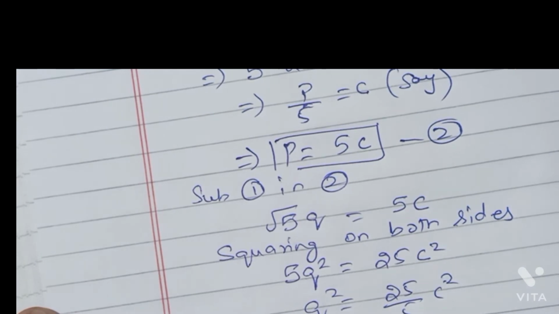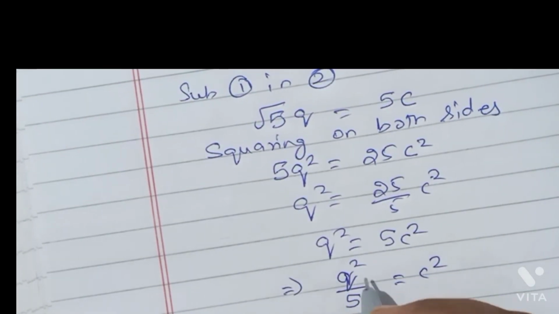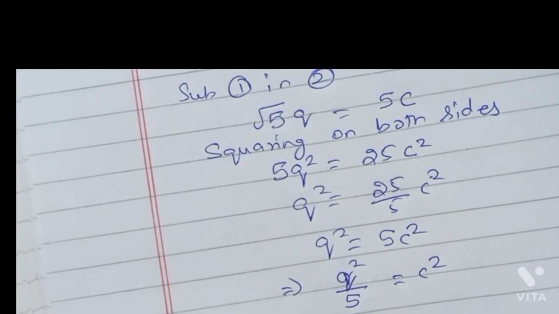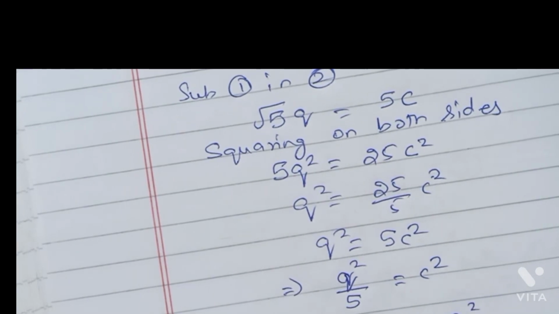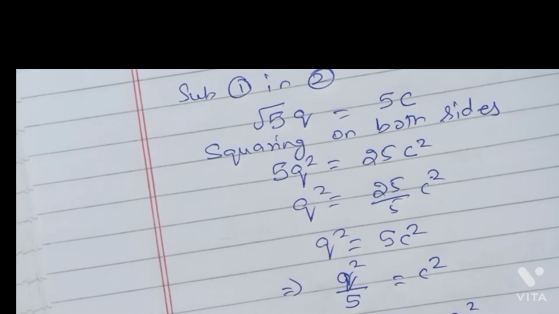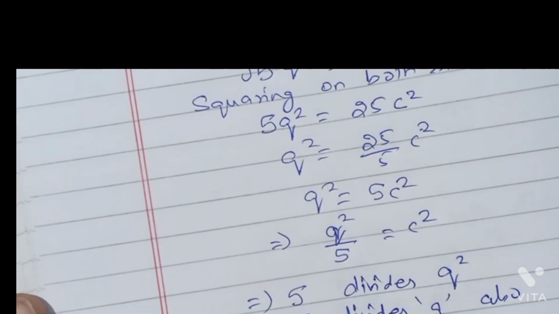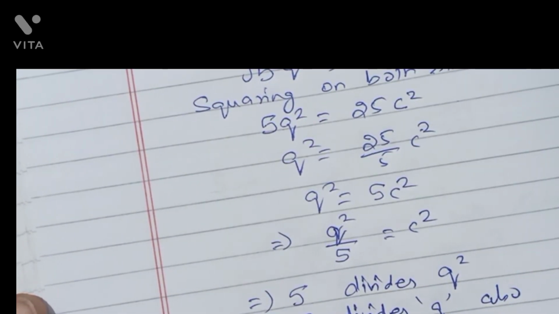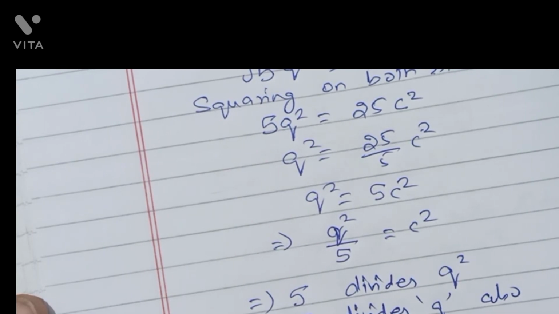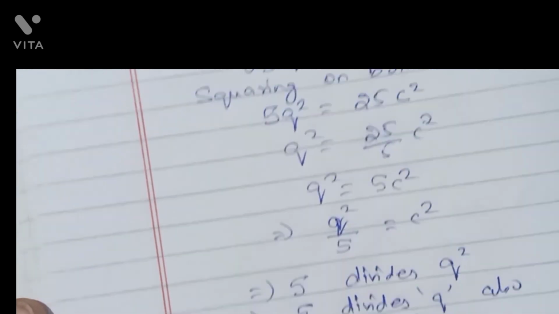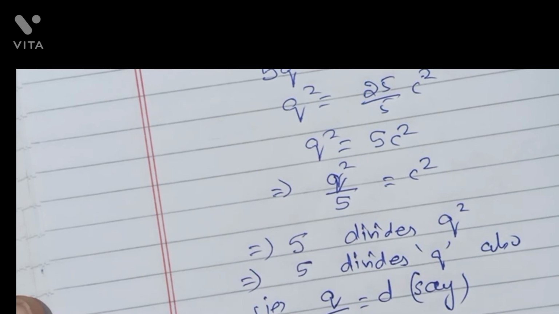So what does this imply? This implies that 5 divides q squared. 5 divides q squared means 5 divides q also. That is, q by 5 is equal to d, say. So this implies q is equal to 5d.